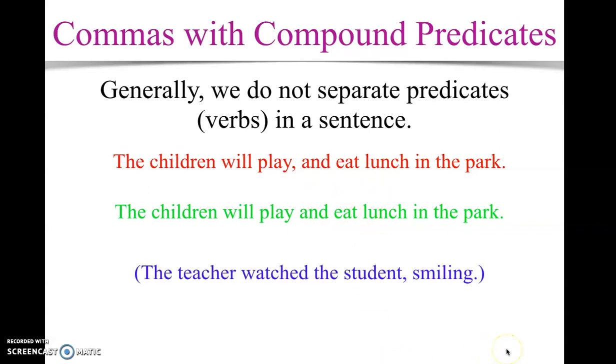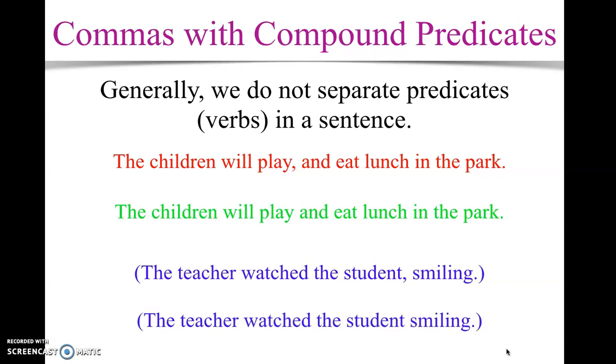Now, sometimes we do separate a verb, right? A predicate or part of the predicate from the rest of the sentence to clarify who is doing what. So if you look at this sentence in blue, the teacher watched the student smiling. And then look at this one. The teacher watched, the student smiling. It's a little bit confusing here, so we've put the comma here to tell the reader the person smiling is the teacher.